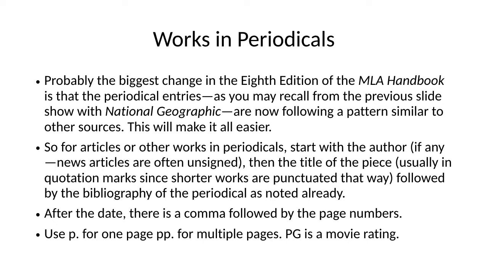Then the title of the piece, usually in quotation marks, as shorter works are published that way, followed by the bibliography of the periodical as noted already. After the date, there is a comma followed by the page numbers. Use p. for one page and pp. for multiple pages. PG is a movie rating, and you won't find that in formal bibliographies.